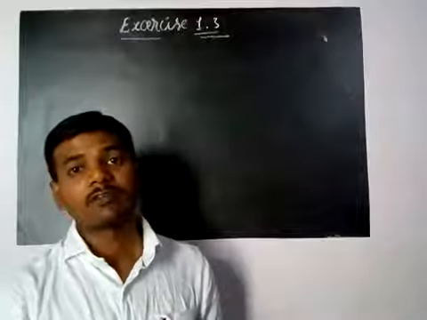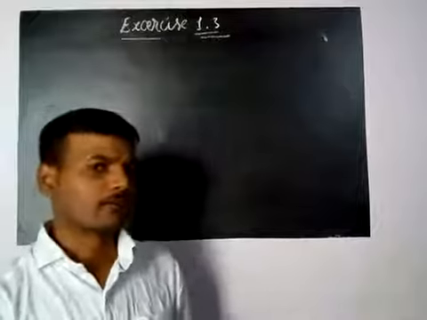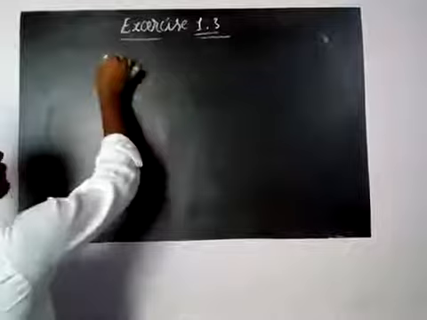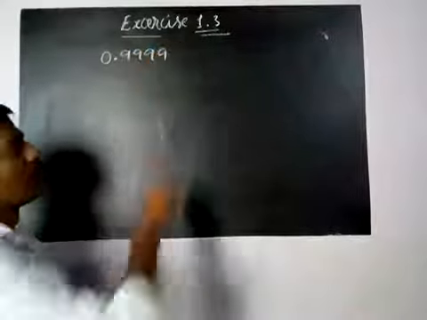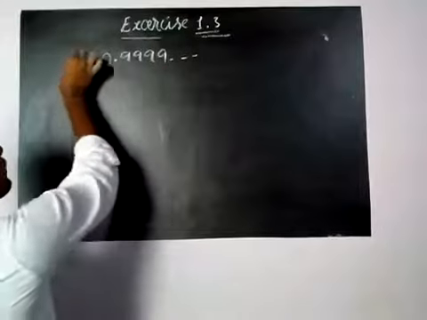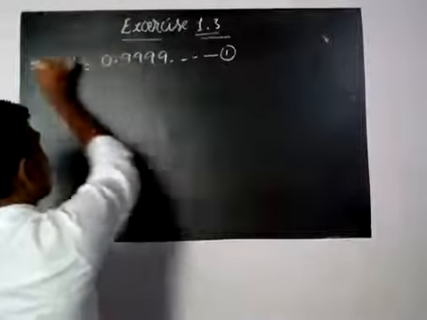If we convert 0.999 into the form of p by q, you will wonder. Let me see what wonder you will get. 0.9999 continues. Let me take it as x. Call this equation 1.